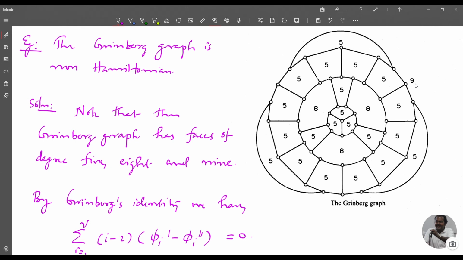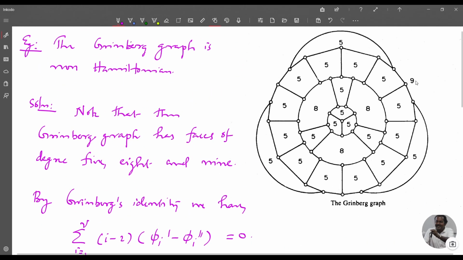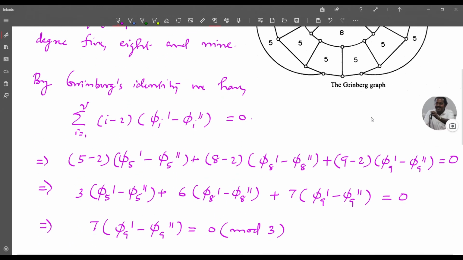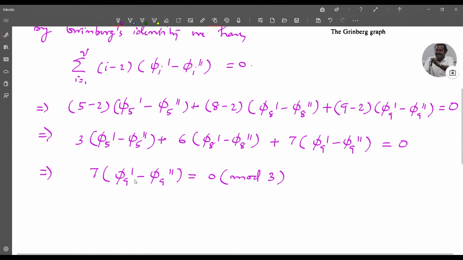If it is an interior face, φ_9' is 1 and φ_9'' is 0, because there is only one face of degree 9. And if this face is an exterior face, φ_9' is 0 and φ_9'' is 1. So in that case, you are getting either 7 is congruent to 0 mod 3 or minus 7 is congruent to 0 mod 3. That is wrong, because 7 is not a multiple of 3.